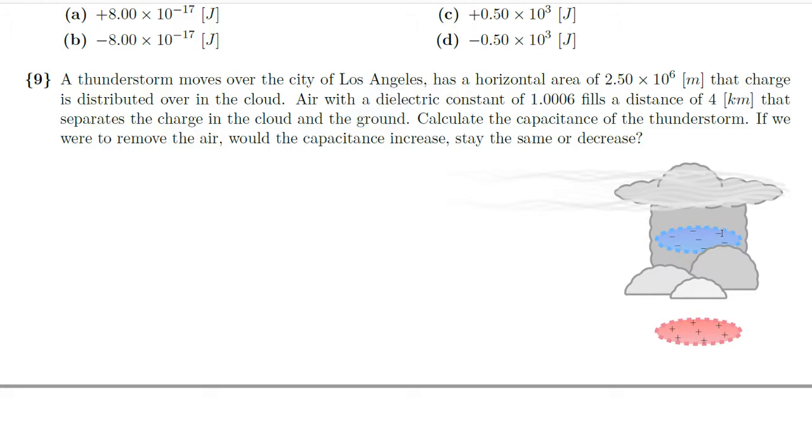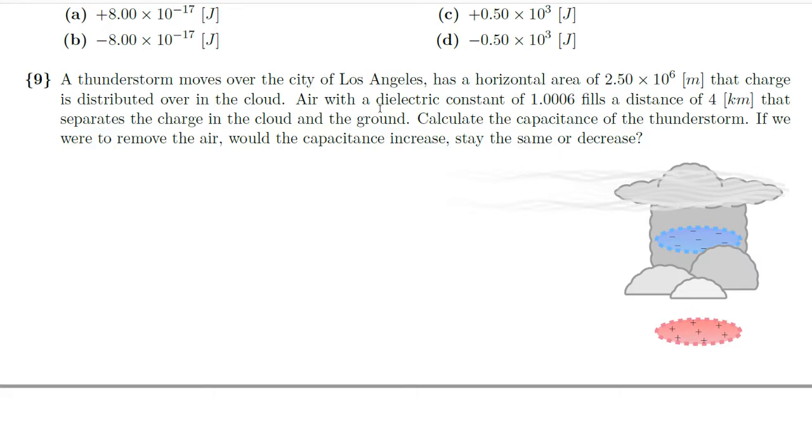Okay, so here's a little diagram to kind of picture that. So there's charge at the cloud. It's spread out over an area, whatever that area is, and shape doesn't really matter because I just tell you what the area is. And you have the same exact thing on the bottom at the ground, but it's just the opposite charge. So you have the distance of separation, how big an area that is.